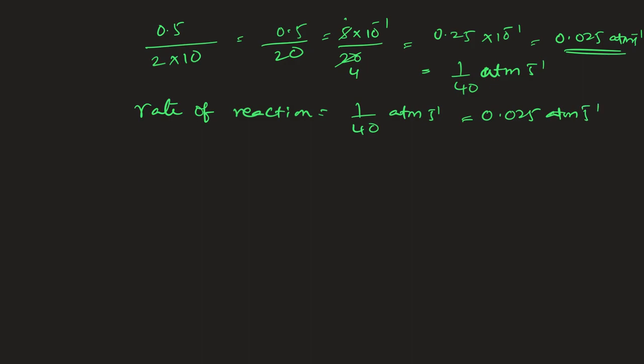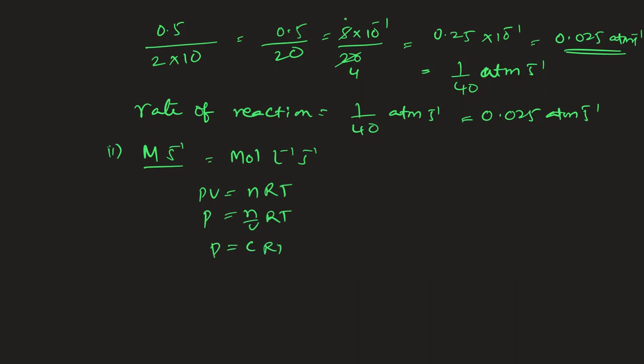Then what is the second answer? The second question's answer is in molarity, that is mole per liter per second, mole liter inverse second inverse. Like this we have to calculate the rate. We know that PV is equal to nRT, so P is equal to n by V RT, then P is equal to CRT, and delta P is equal to delta C RT.